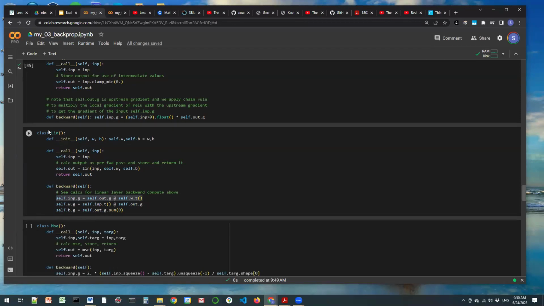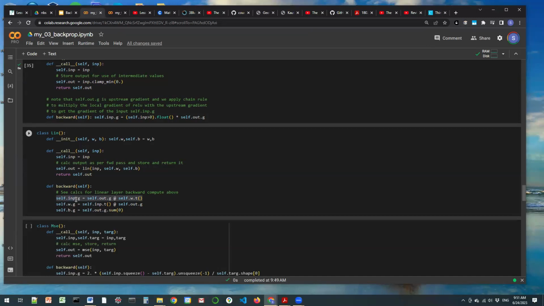So every block, for example a linear block, will have its gradient. Remember, the linear block has three inputs: depending on the layer, it's W1 or W2, but generically speaking, it has a weight, it has a bias, and it has an input.